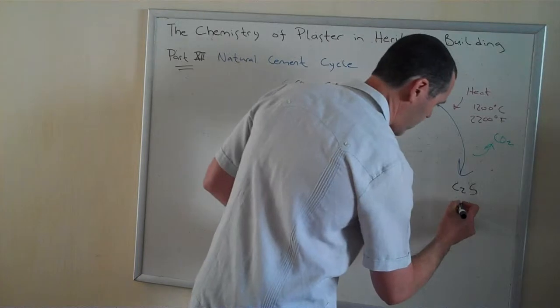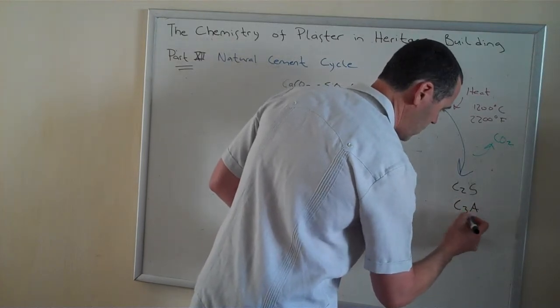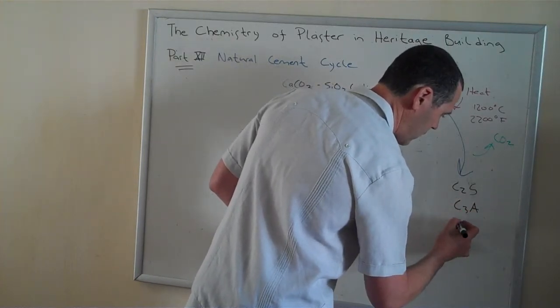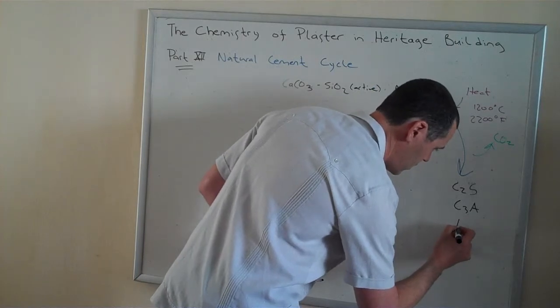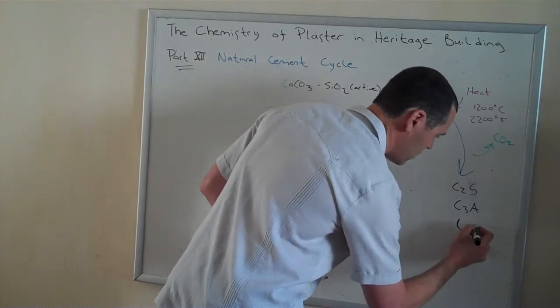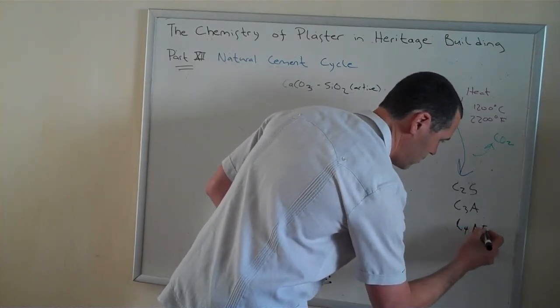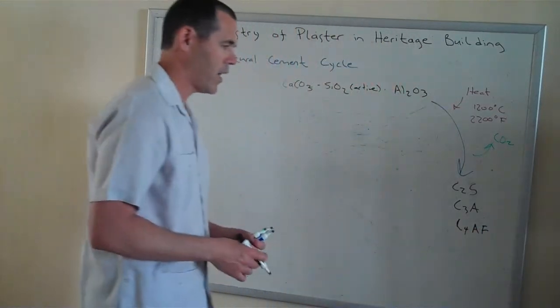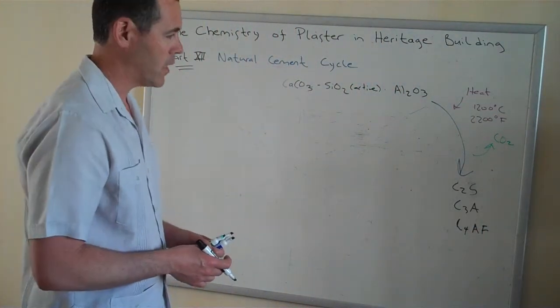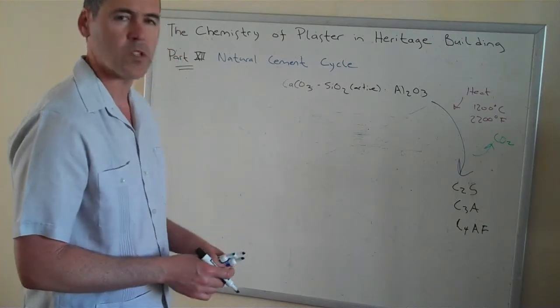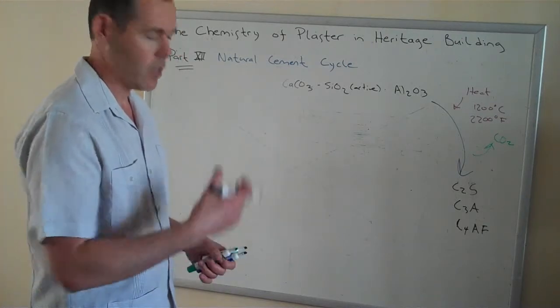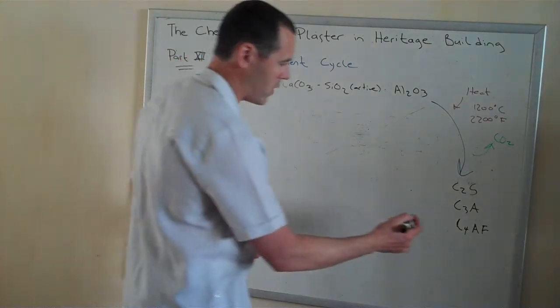We have the tricalcium alumina, and then the tetracalcium alumina ferrite. And there's actually several more in lesser quantities, but those are usually the two principal ones that govern the reaction.